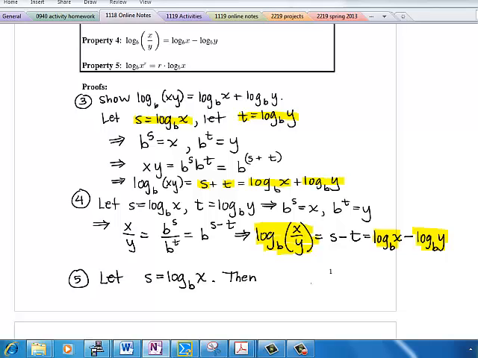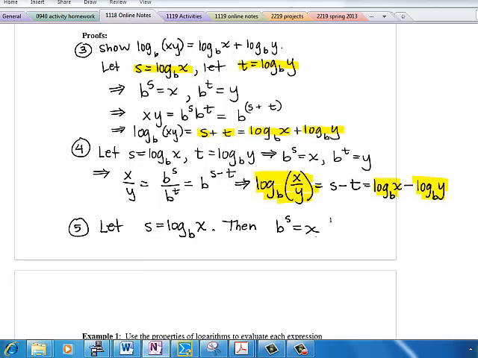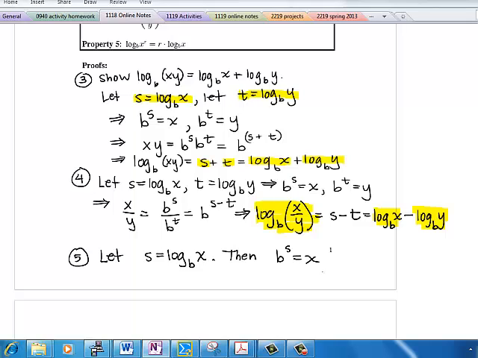Then, rewriting it in exponential form, b to the s would give us x. Right? And then if we have x to the r, that would be b to the s raised to the r.